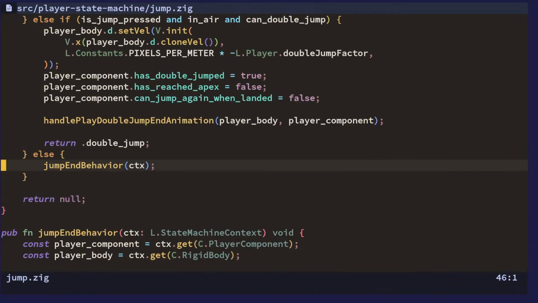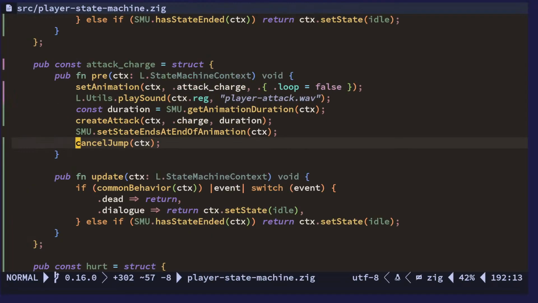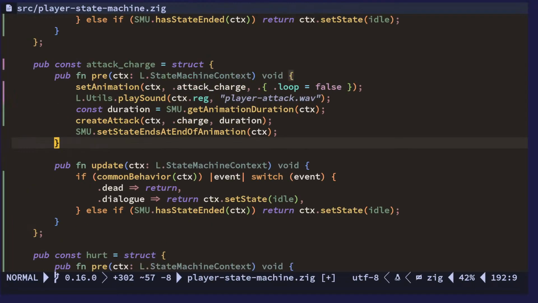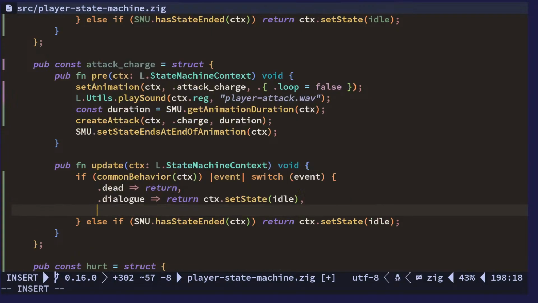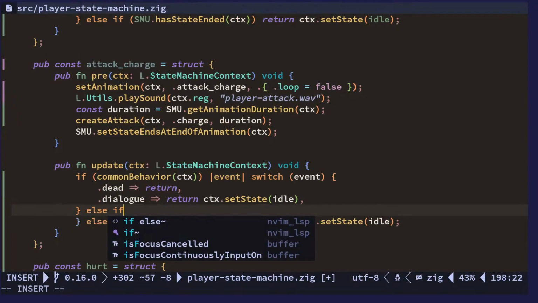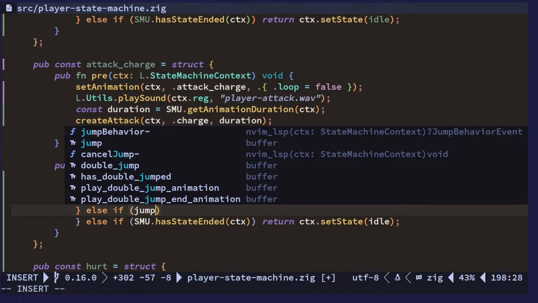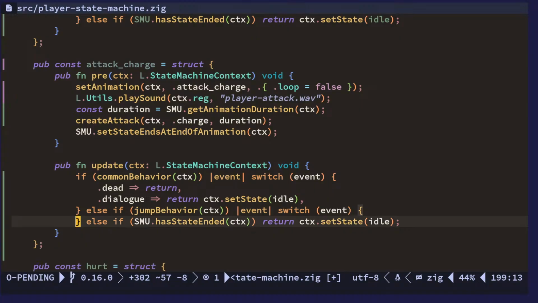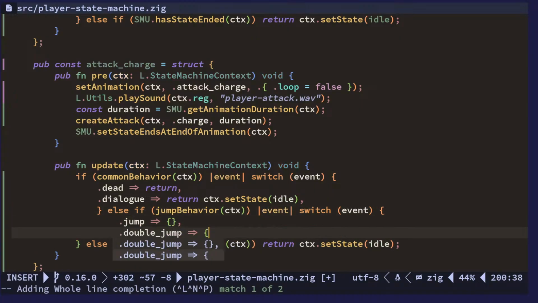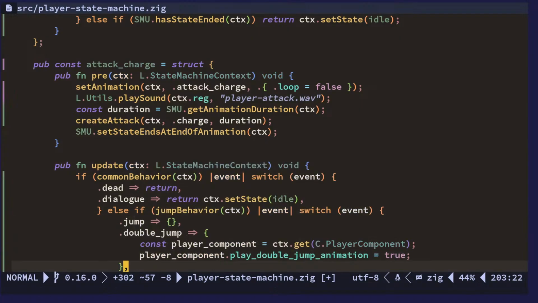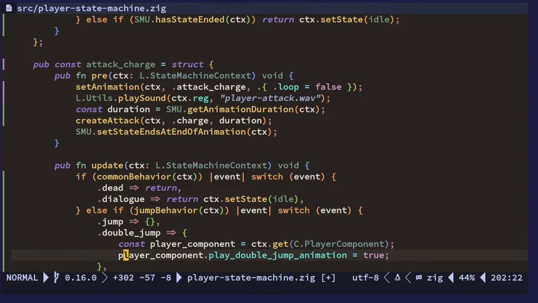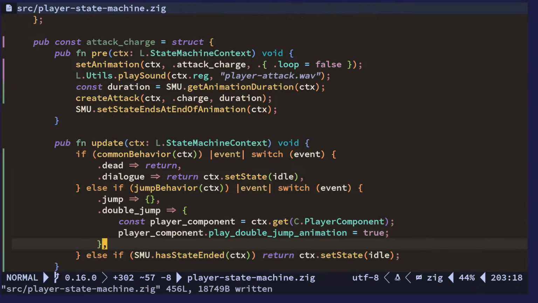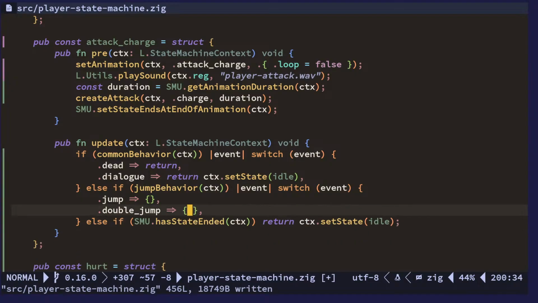Let's actually just call jump behavior as we did, so we don't cancel the jump. We do else if jump behavior. And we have this double jump. But we don't care about the animation, so we'll just do that.